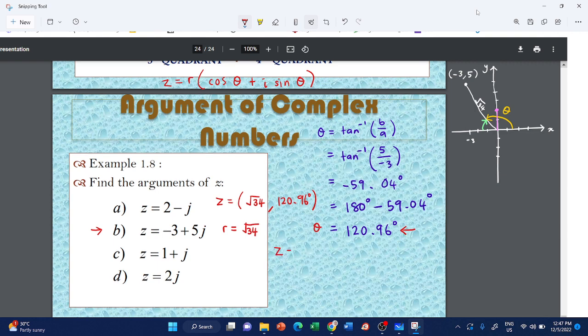If you want to find it in polar form, you can use the general formula just now. R is square root 34. So we have cos 120.96 degrees plus R sine.